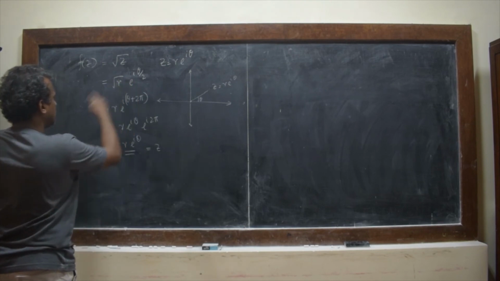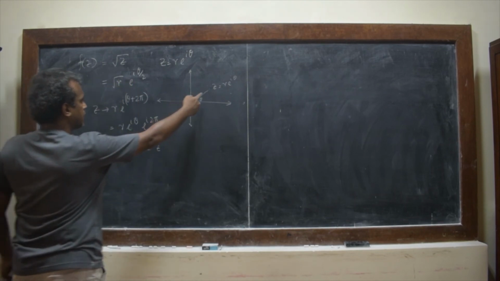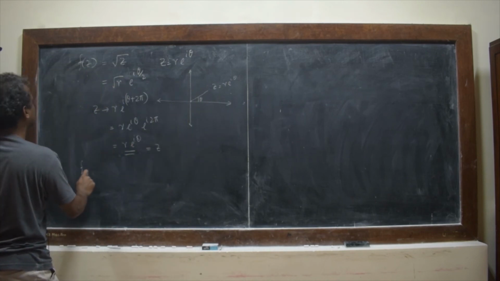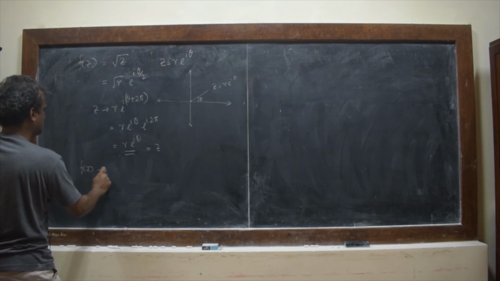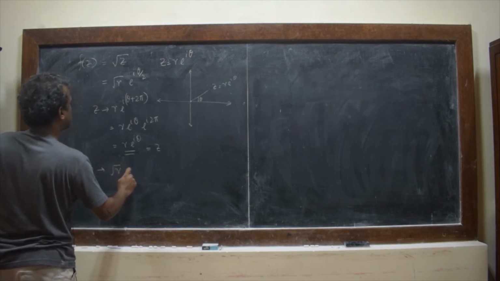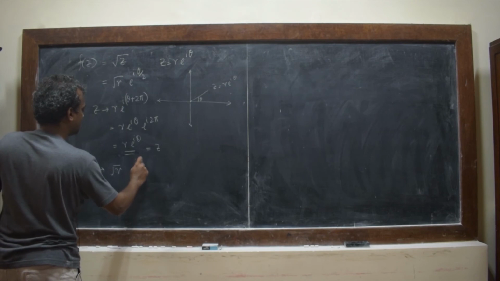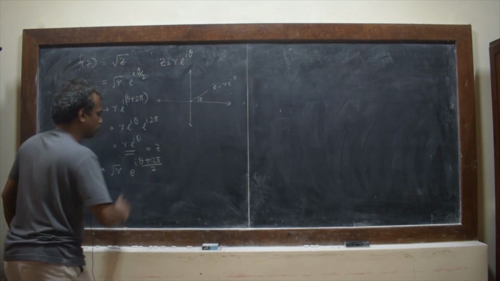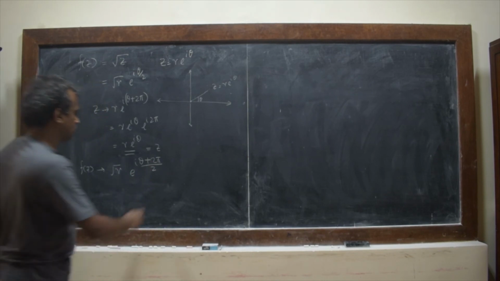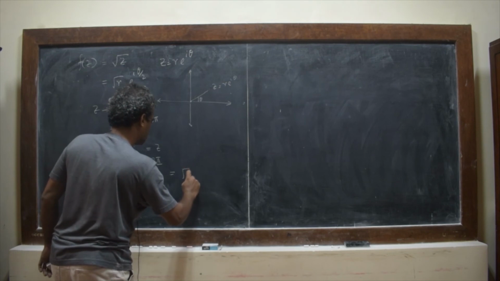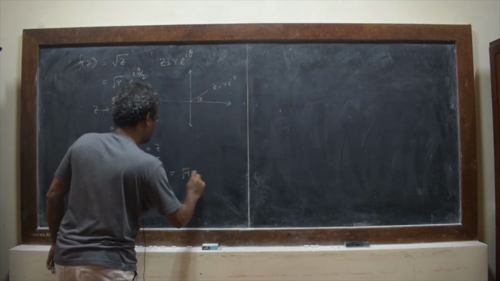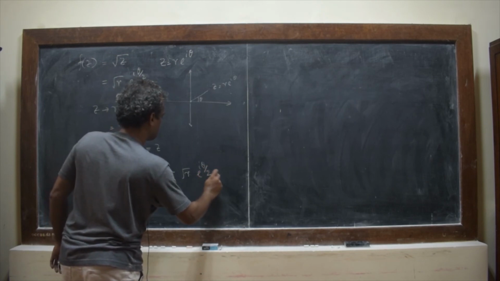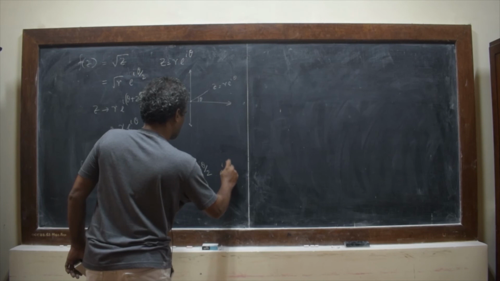If I look at what happens to this function when I carry this point around the origin through 360 degrees, we can see that this function goes over to square root r e to the I theta plus 2 pi over 2, which if you simplify, you can see is square root r into e to the I theta over 2 into e to the I pi.